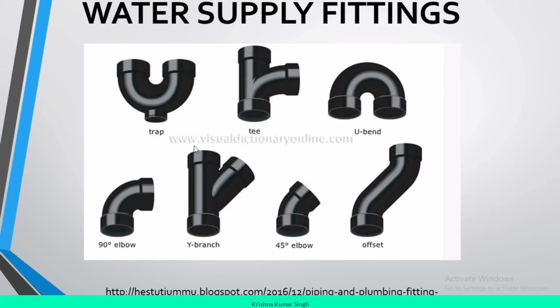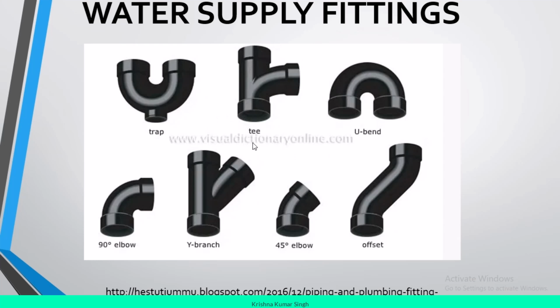Now these are some fittings. This is a trap, and this hole is used for cleanout purposes. It is installed underneath the lavatories to avoid the foul smell entering the toilet area, right? So this is a T over here.